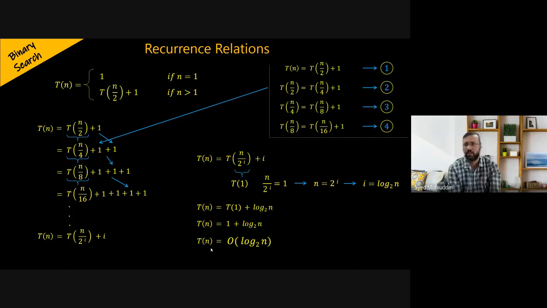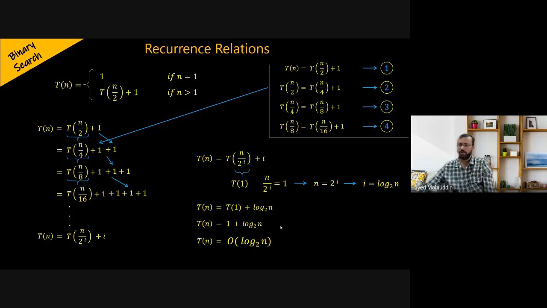For the recurrence relation, we applied the substitution method, successive substitutions, and found the answer of T of n to be 1 plus log n, which is O of log n base 2, or O of log n itself.